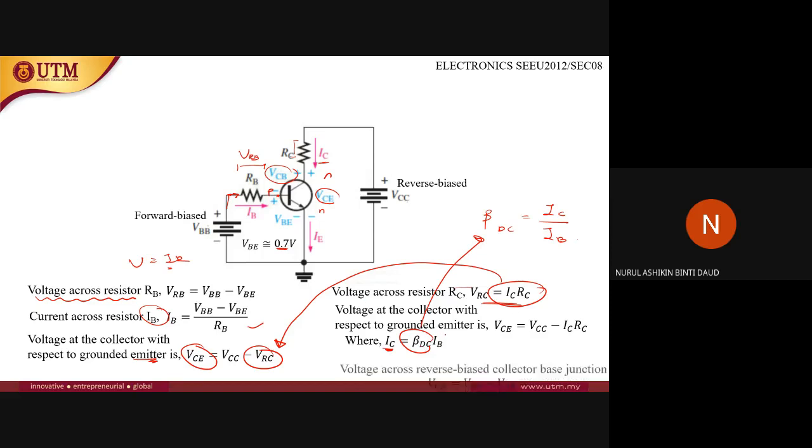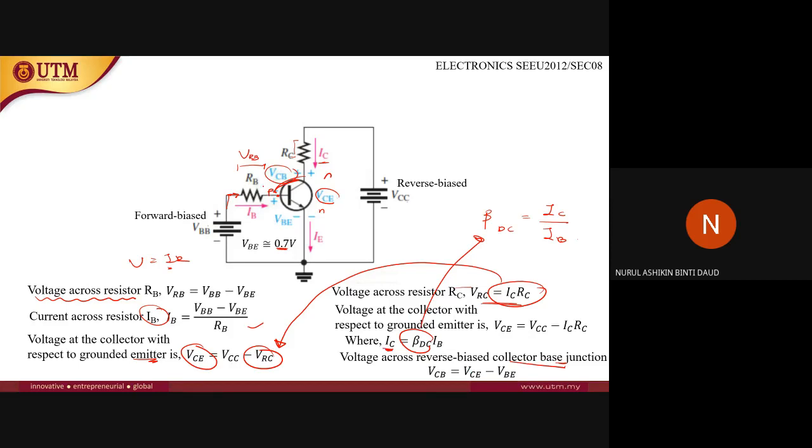Yeah? So the voltage across the reverse bias collector base junction, which is VCB. Voltage across the reverse bias collector and then the base junction. So here, VCB equals VCE minus VBE.